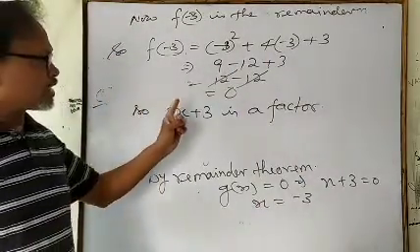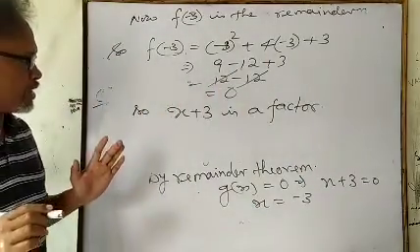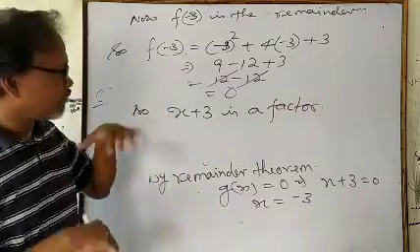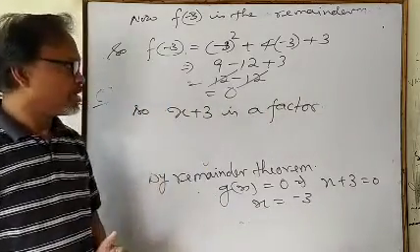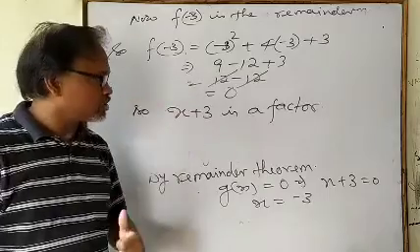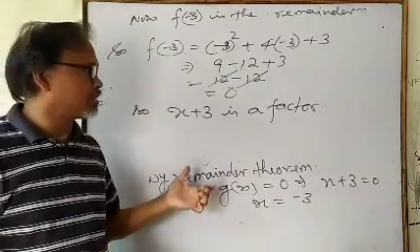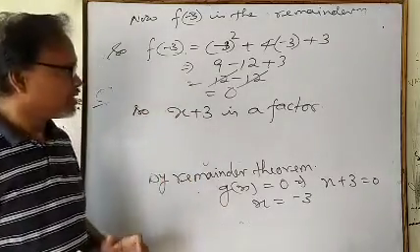If the remainder you get is 0 in any case, it means the divisor is a factor. If the remainder is not 0, then that divisor is not a factor.